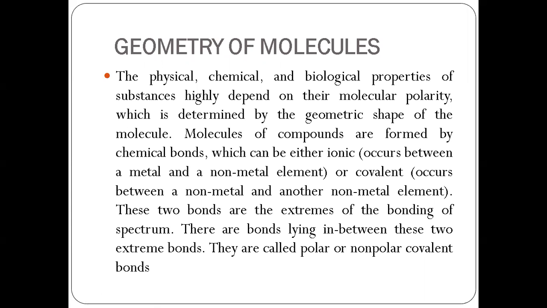The molecules of compounds are formed by chemical bonds, which can be either ionic, which occurs between a metal and a non-metal element, or covalent, which occurs between a non-metal and another non-metal element. These two bonds are extremes of the bonding spectrum, and the bonds lying in between these two extremes are called polar or non-polar covalent bonds.